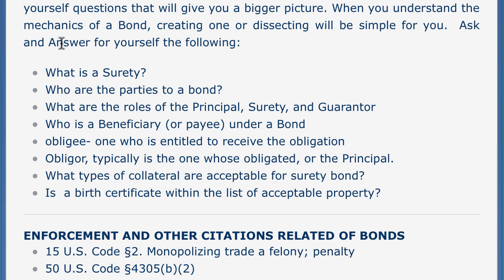That is the area you want to dig into. You want to find out: are you entitled to a receipt? Are they required to give you a receipt? What are their obligations when they receive an instrument? How are they supposed to ledger it? When are they supposed to ledger it? What are your rights? Are you entitled to an accounting?